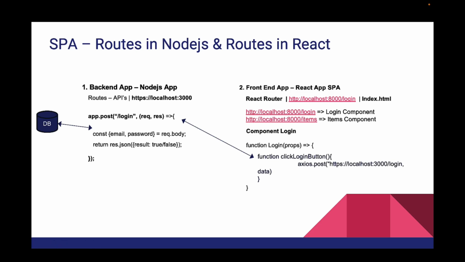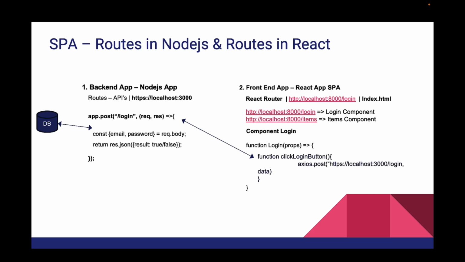This way, React is making a call to the backend API to send that data, make sure the backend does something, validates those credentials, and then gets the response back from the Node.js API route. This way we are able to connect these two routes.